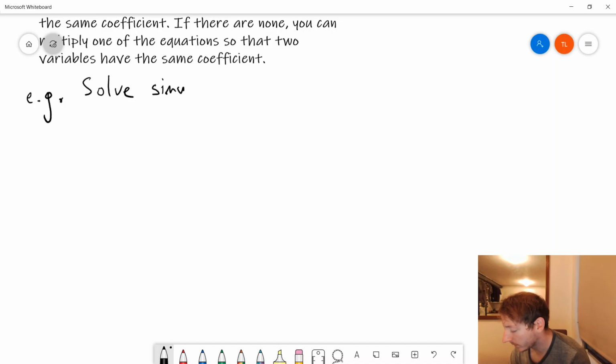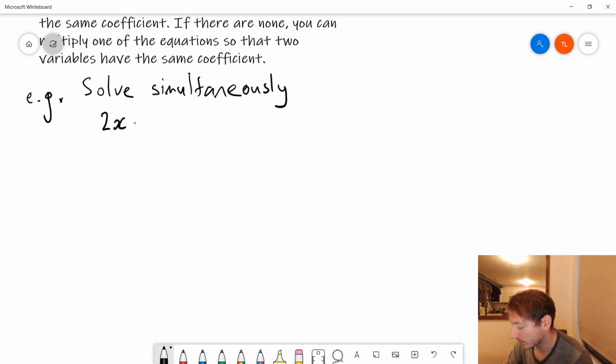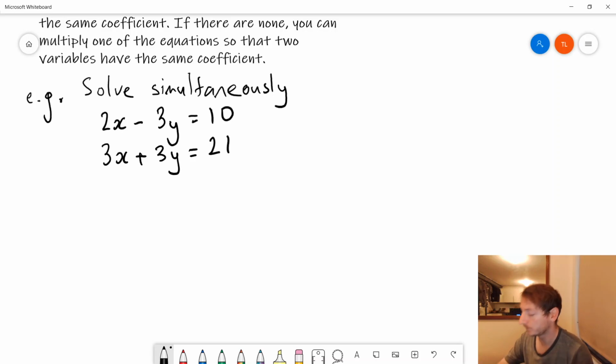So solve simultaneously, let's say 2x minus 3y equals 10, and then let's say 3x plus 3y equals 21.